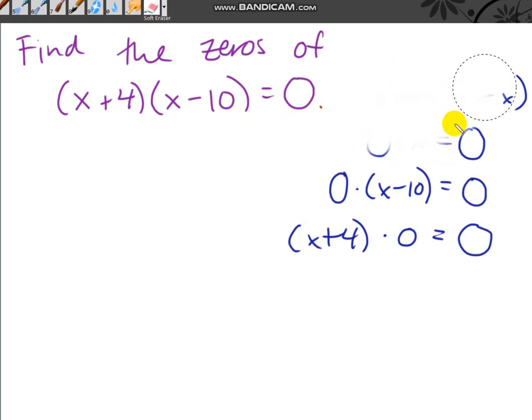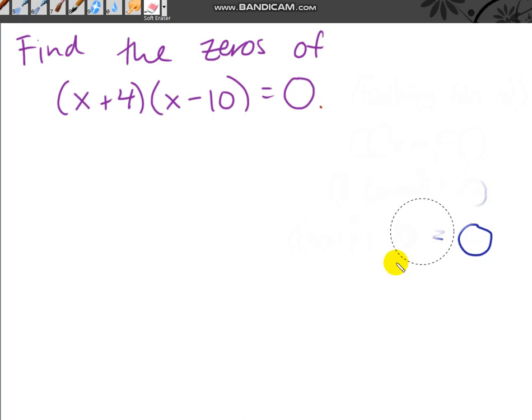I'm going to erase this. So what we're going to do then is we need to solve for x. Like I said earlier, if this piece is 0, 0 times anything is going to be 0, and this will be a true statement. So let's make x + 4 = 0.